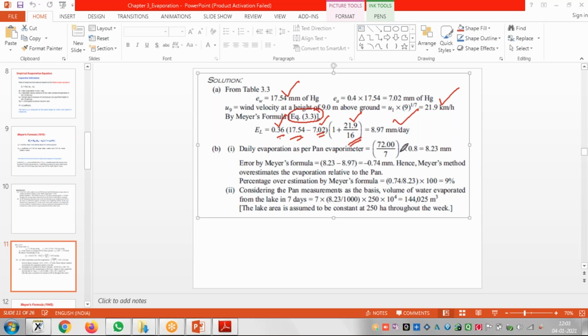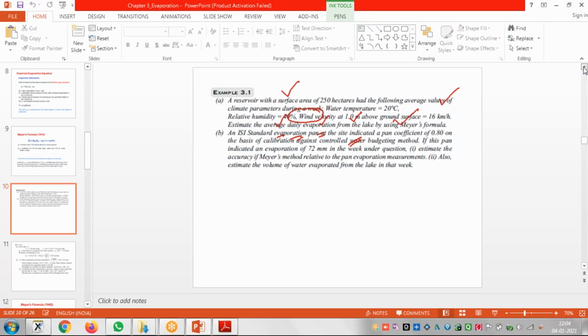Similarly, daily evaporation from the pan we will find from this 72 mm. In a week, that's why it is divided by 7, right? In a week is given.